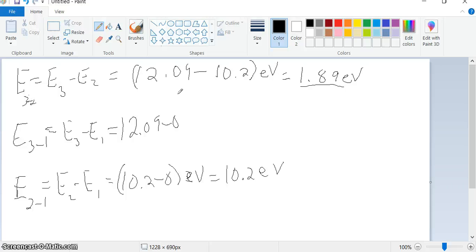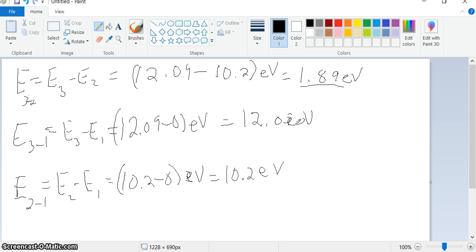It's going to be 12.09 minus 0, both in electron volts, and the answer comes out to be 12.09 electron volts.